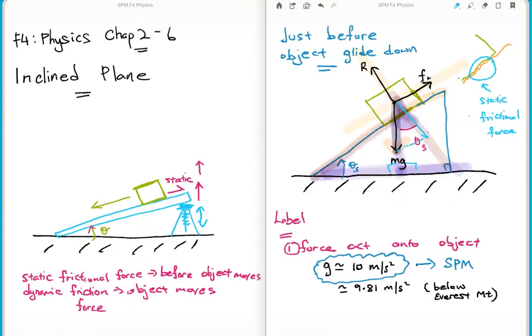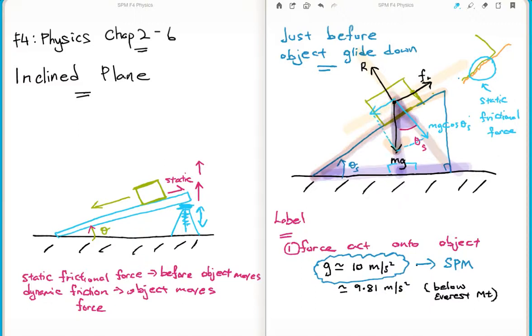So this first one will be my mg cos theta. If you get this value, then the value at the front is also the same as the one over here.